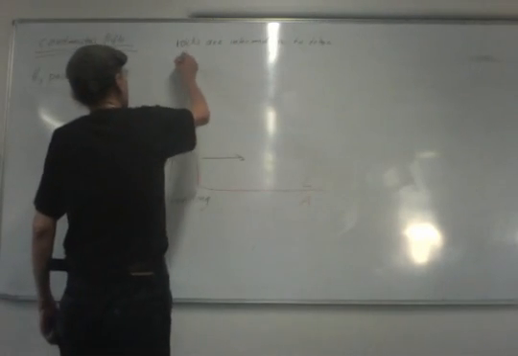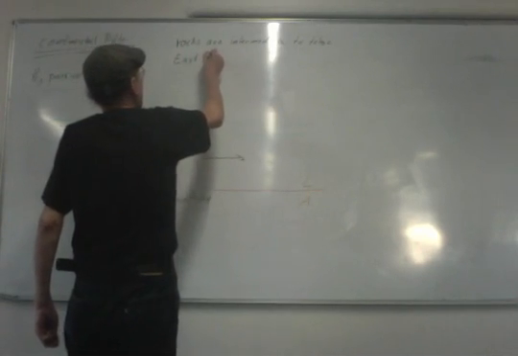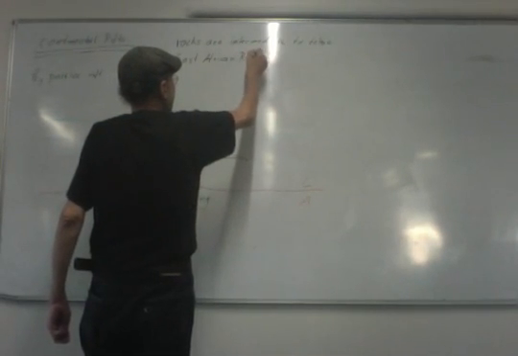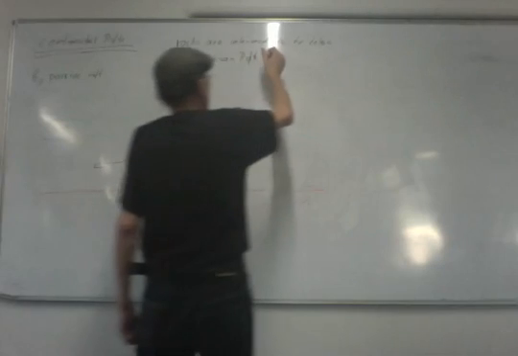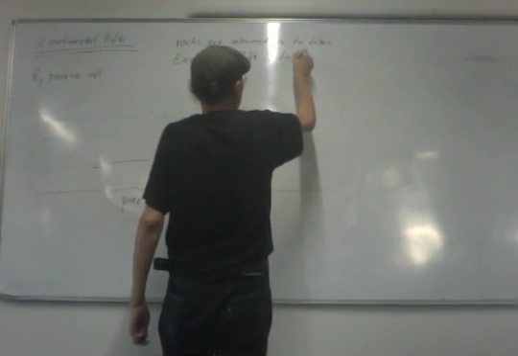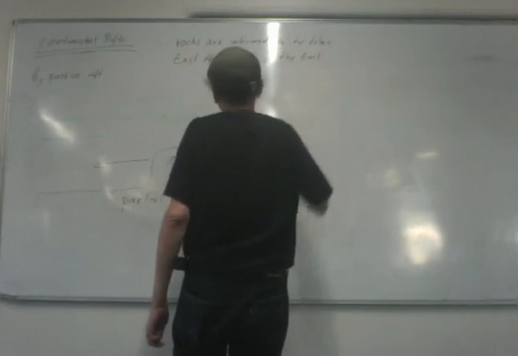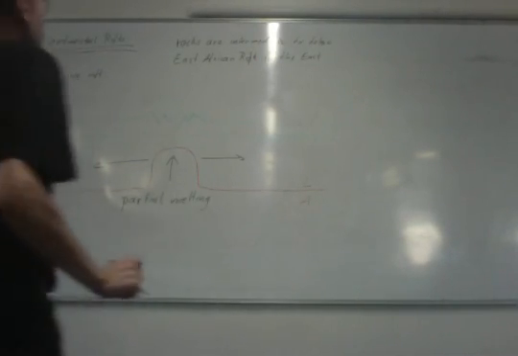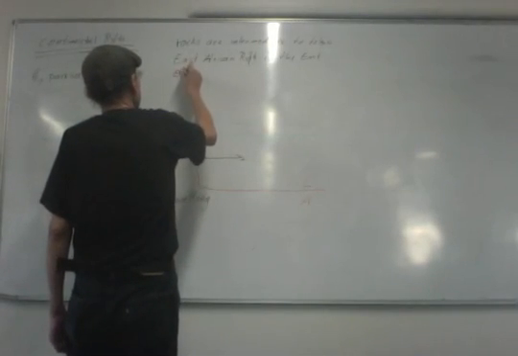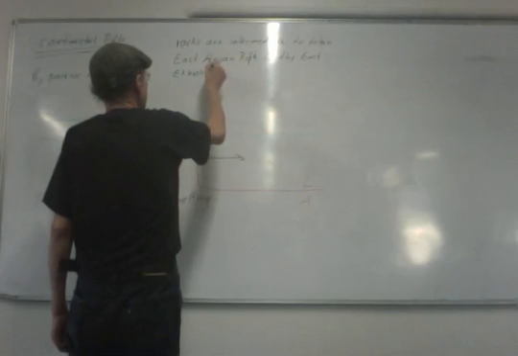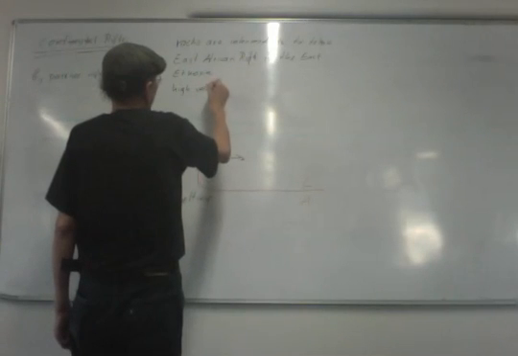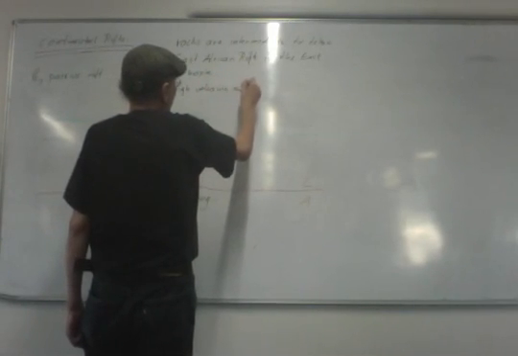And examples are then the East African rift in the east, so then another example is in Ethiopia. And we have high volcanic activity.